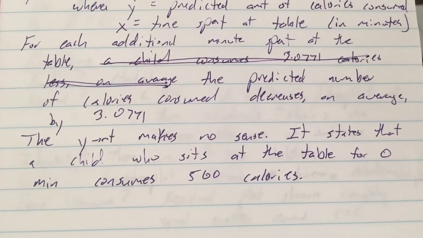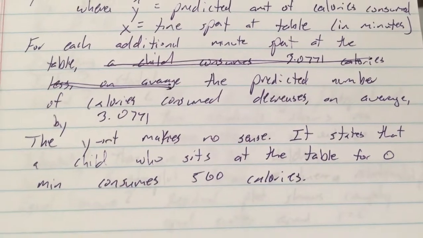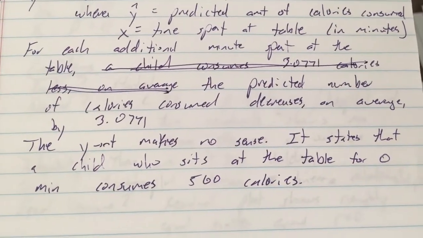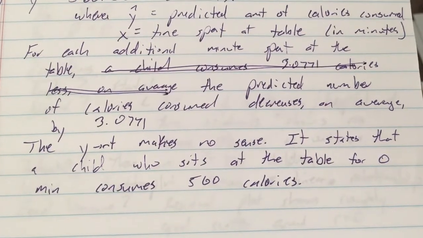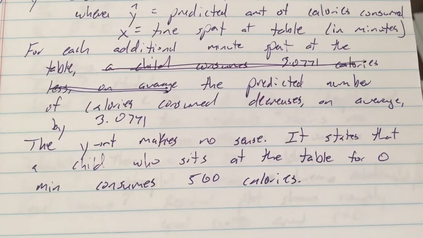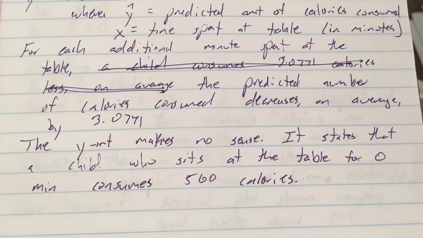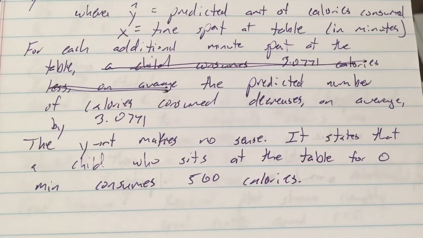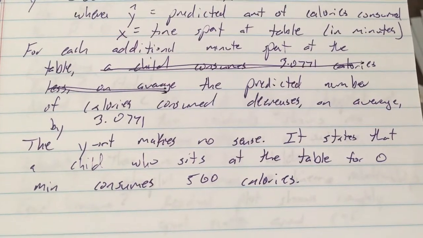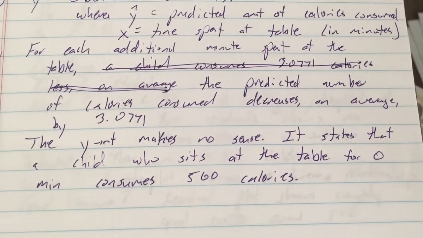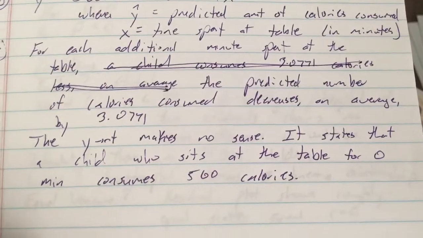So 0 would be extrapolation. Hopefully you guys remember that term from chapter 3. Extrapolation means trying to make predictions outside of your realm of data. So what I put here is, the y-intercept makes no sense. It states that a child who sits at the table for 0 minutes consumes 560 calories. Well, that's impossible, so it doesn't make sense.